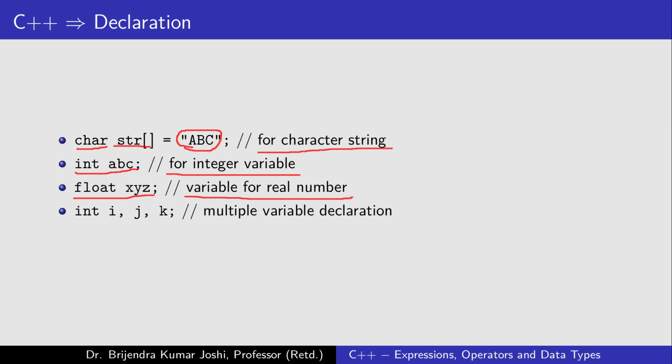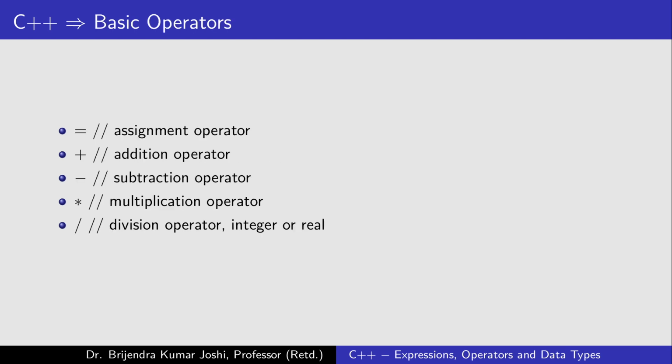Okay. Now we can declare multiple variables of the same type in the same declarative statement. int i, j, k; so here we have declared three integer variables named i, j, and k. There are a number of operators, but in this video we'll focus on only 5 operators.